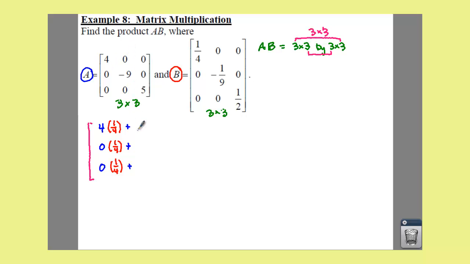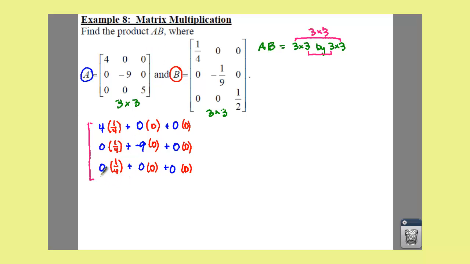So we're going to take our second column from A, and we're going to multiply that by your second element in B. So we're going to multiply all these by 0. And then we're also going to take our third column in A, and multiply those by your third element in B.